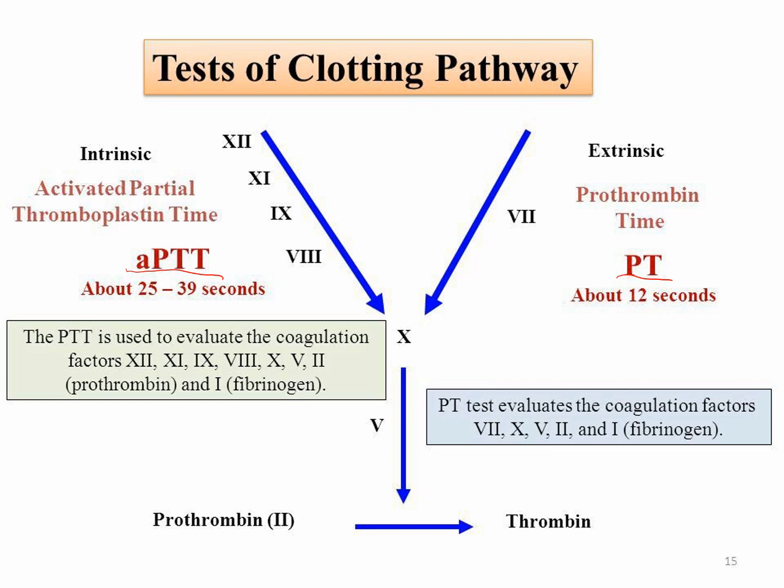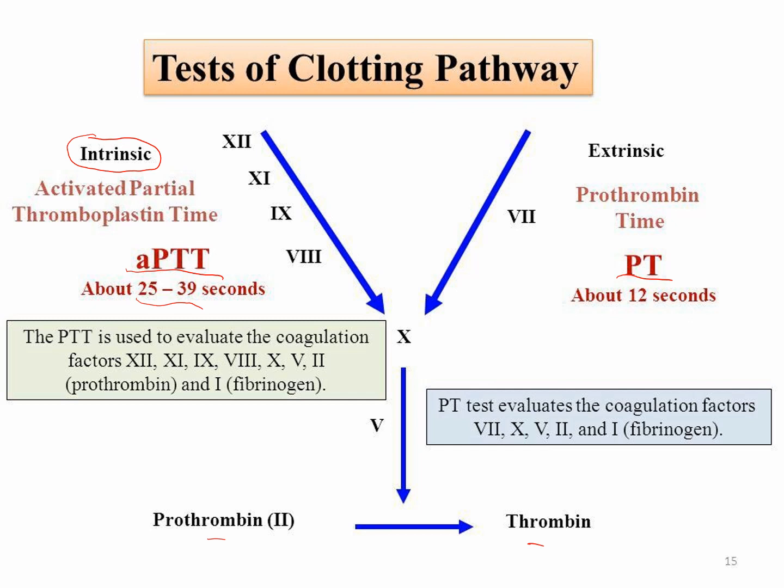Now that is PTT. The difference is PTT uses the coagulation factors mostly found on the intrinsic pathway. Okay, so it's testing the clotting times for the intrinsic pathway before prothrombin becomes thrombin, and the time that it needs to take in order for that to occur.